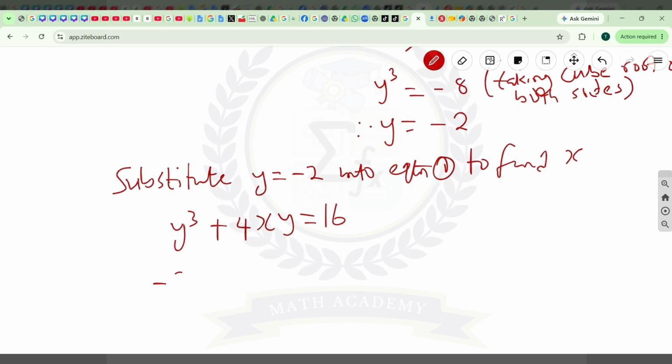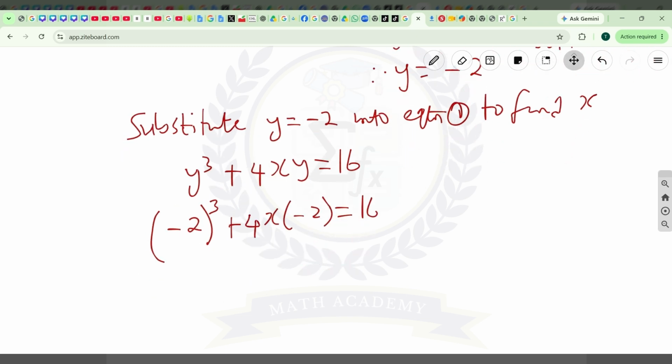So this is -2 to the power of 3 plus 4 times x times -2 is equal to 16. -2 to the power of 3 simply means -8, plus 4x times -2 is -8x. So this is going to change to -8 -8x is equal to 16.